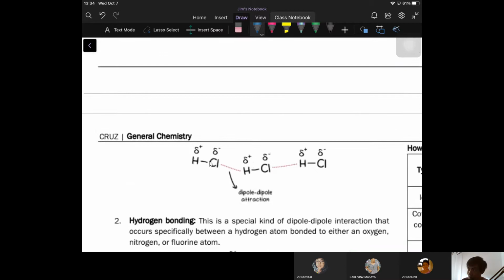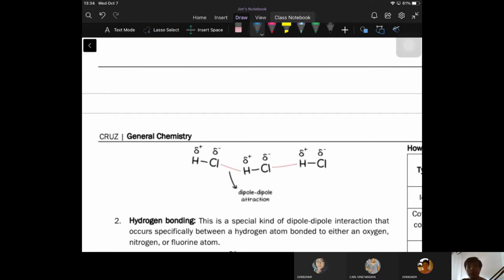Kunwari, ito yung isang molecule. This is the partial positive, this is the partial negative. Tapos, ito pa yung isang molecule, may partial positive, may partial negative. Ano mapapansin nyo? That the positive end ng isang molecule pwede ma-attract sa negative end ng other molecule. Ganon din dito sa kabila, itong negative end ng molecule na to pwede ma-attract sa positive end ng other molecule.